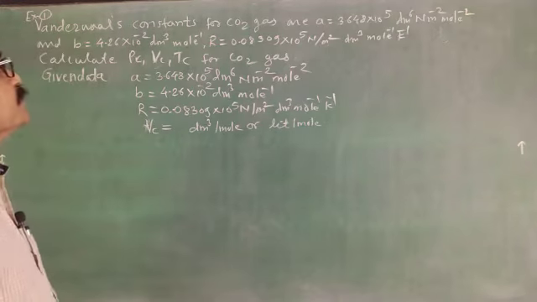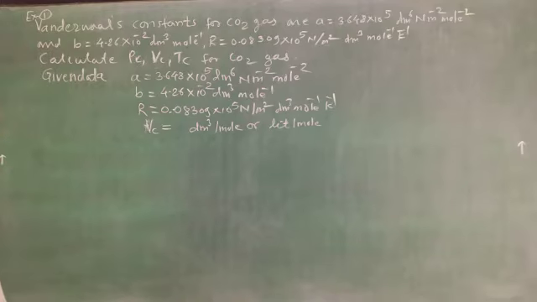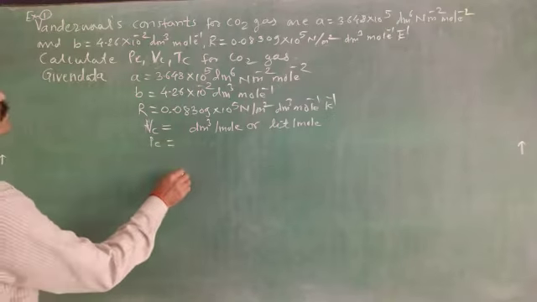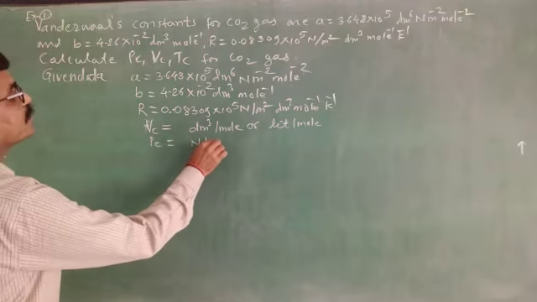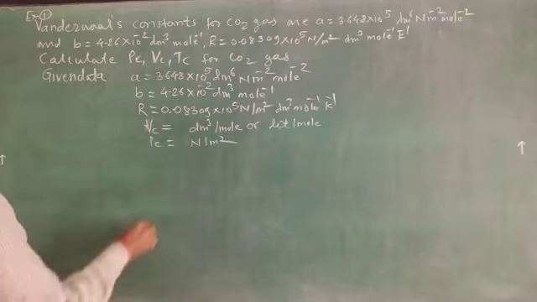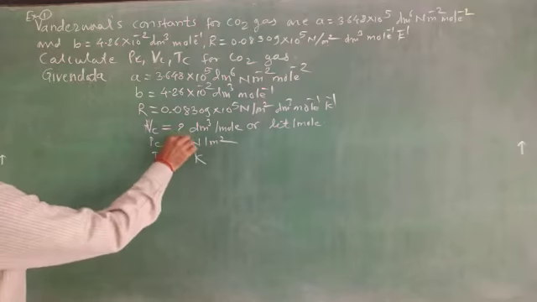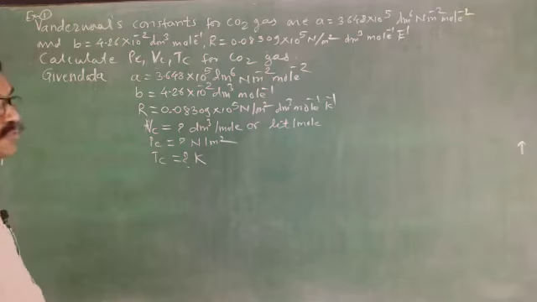After this, pressure PC, that is Newton per meter square, and then temperature TC, that is Kelvin. These three quantities you have to find out.